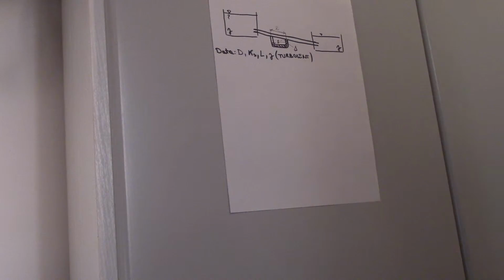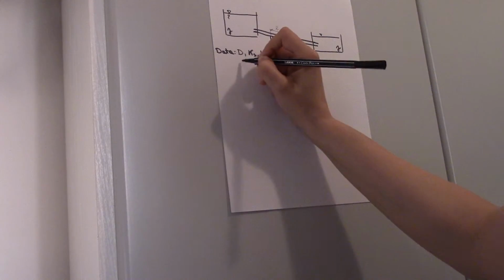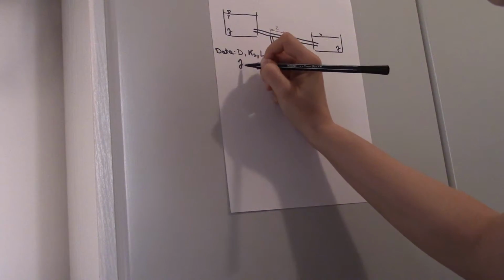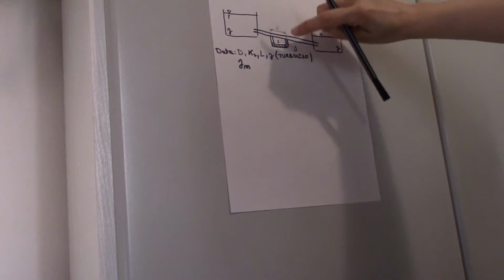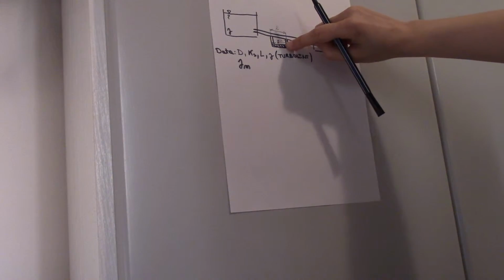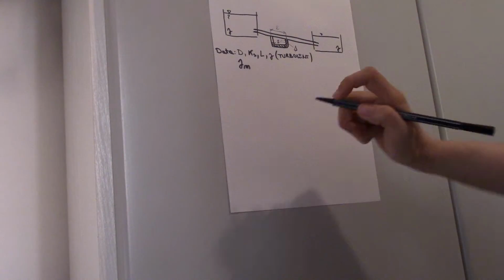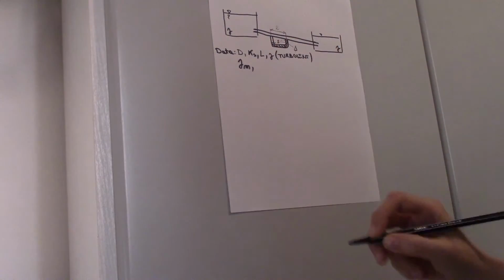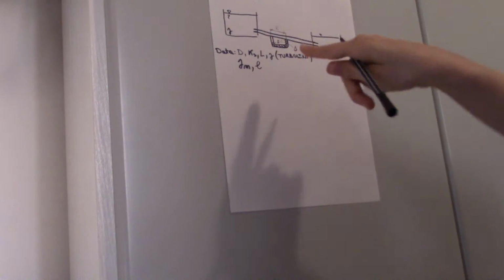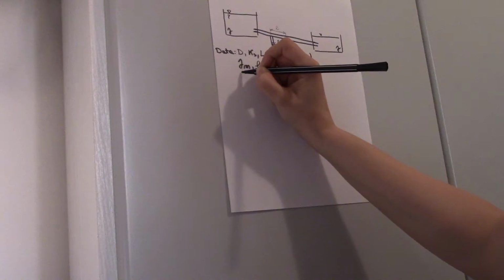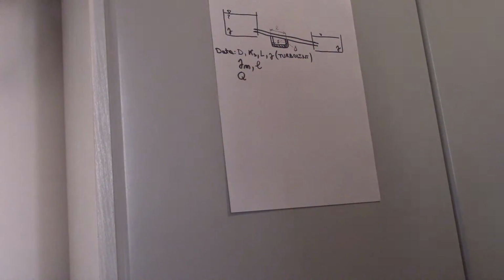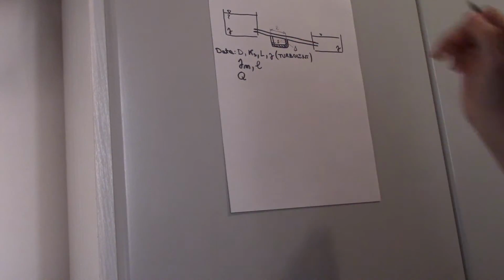Alright, we also know what? We know gamma m. Gamma m is the specific weight exactly of the fluid contained in the differential manometer, and we know L, so the distance between the 2 points where you insert the manometer. Then other data again are Q, because we know in this case the volumetric discharge flowing inside your system.